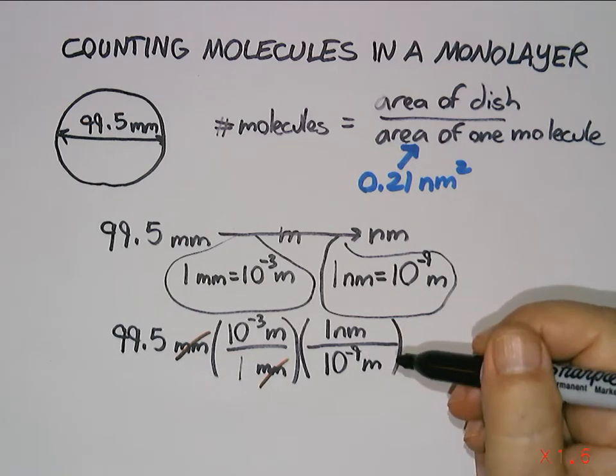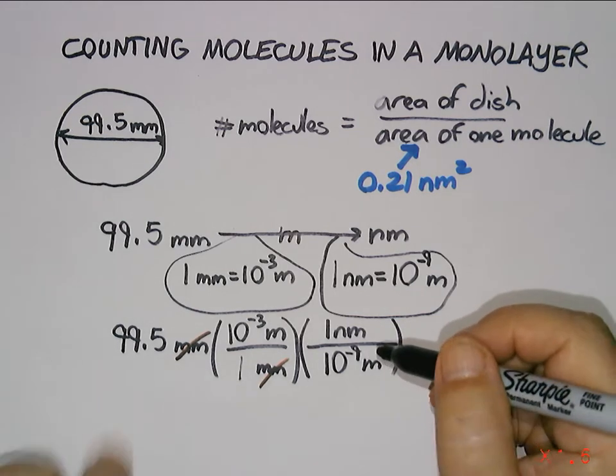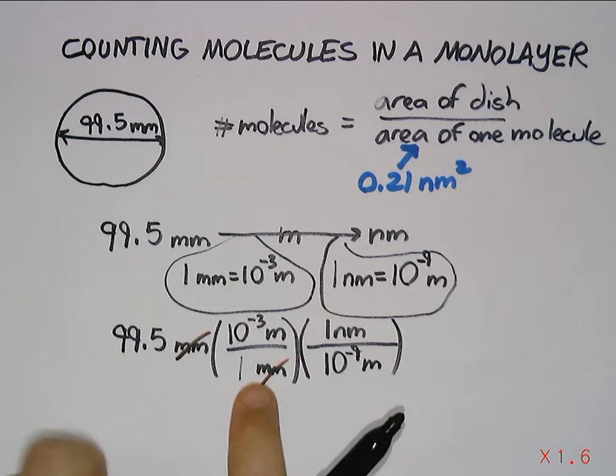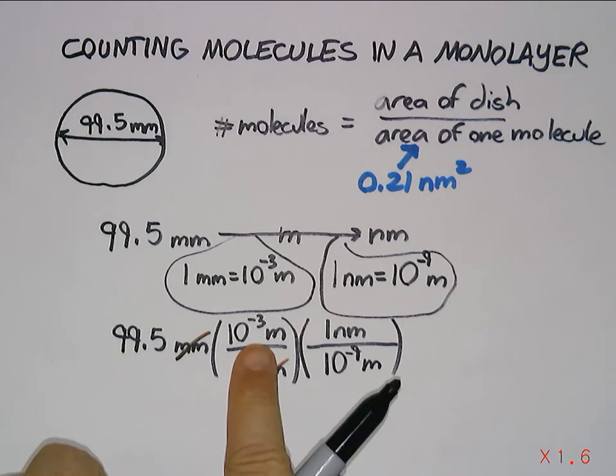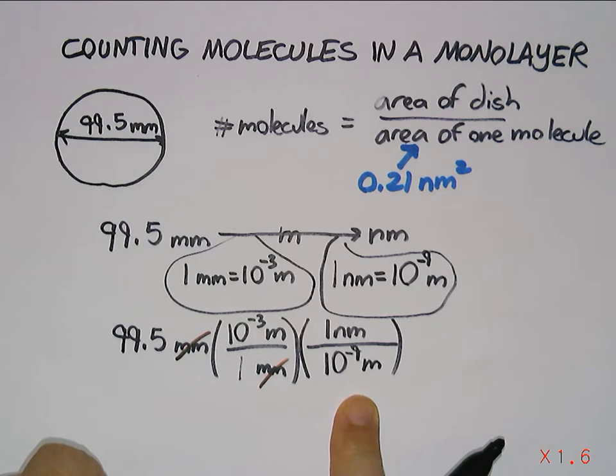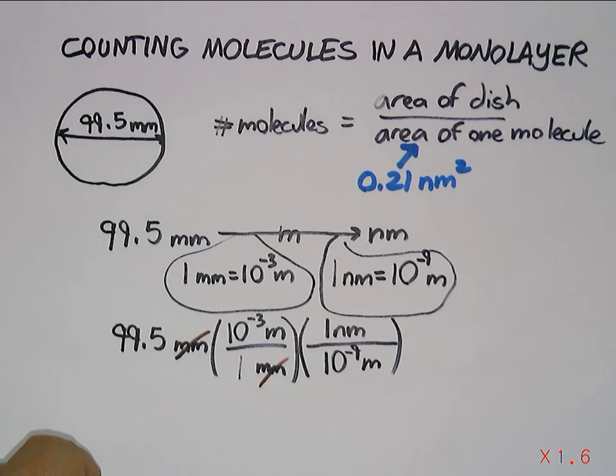Now I can punch that into my calculator, or I could do it in my head, okay? Because 10 to the minus 3 divided by 10 to the minus 9 is going to be 10 to the minus 3 minus 9, which is 10 to the minus 3 plus 9, which is going to be 10 to the 6. So it's going to be 1,000,000 times 99.5.